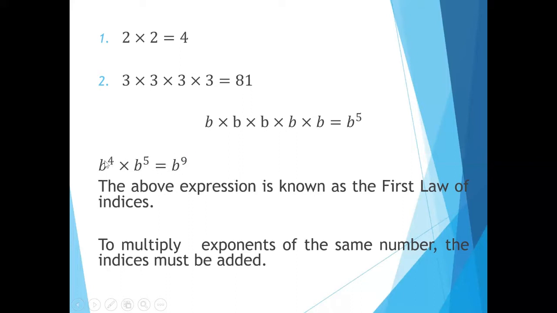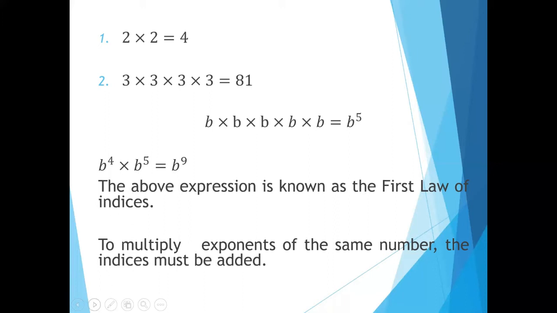So this expression here, we call it the first law of indices, which says that to multiply the same number, the indices must be added. If we want to multiply the same number with itself, we will add the indices.